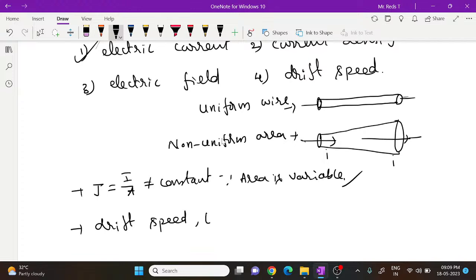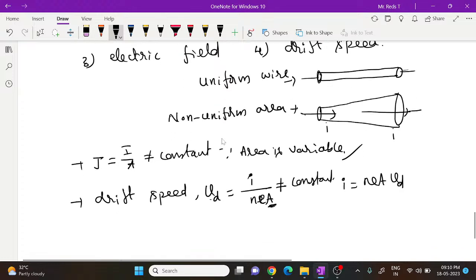Drift speed: I is equal to NEAVD, so VD is equal to I by NEA. When current is constant, number density is constant, and charge of each carrier is constant, but the area is varying. When the area is varying, drift speed will be varying, so it is not constant.